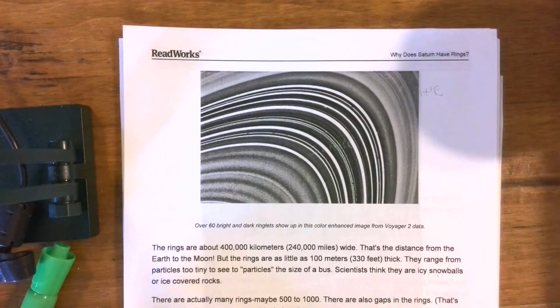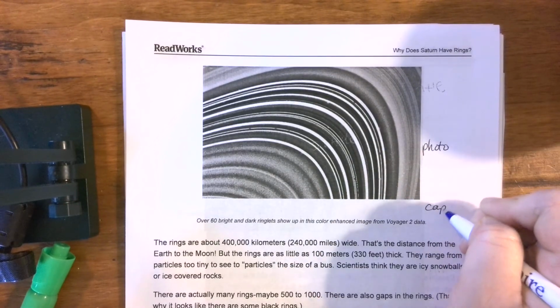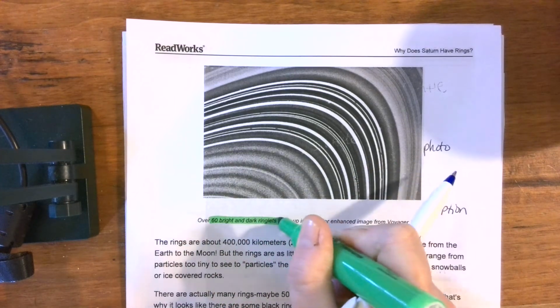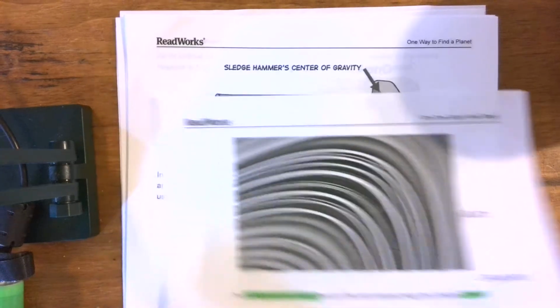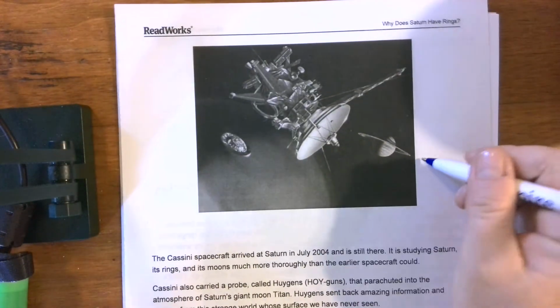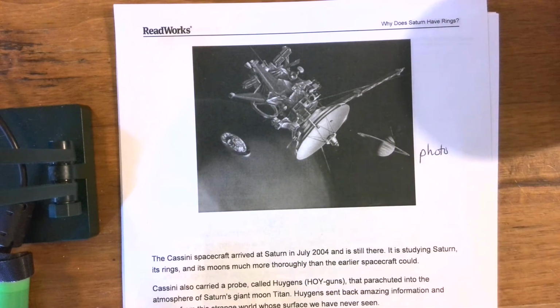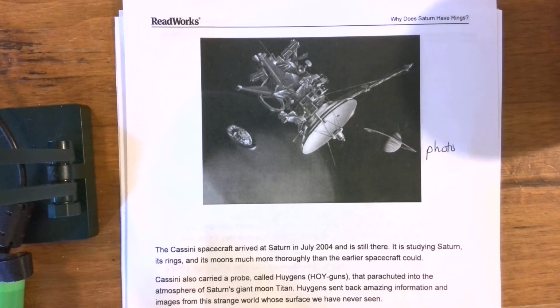Page 2, photo, caption: Over 60 bright and dark ringlets show up in this color-enhanced image from Voyager 2. All right, last page, another photo. I see Saturn in the background and nothing else on this page.